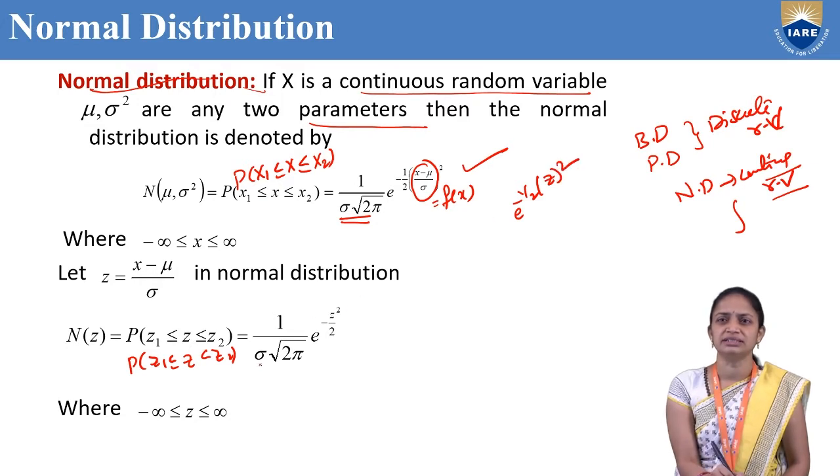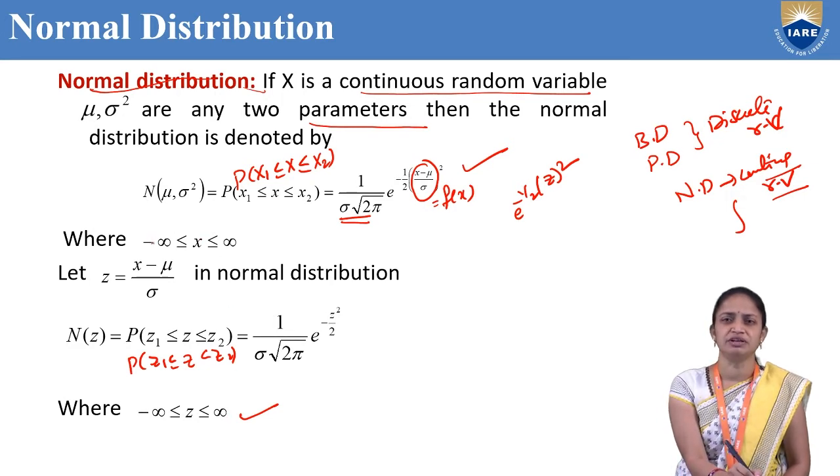That means 1 by root 2 pi e power minus z square by 2, where minus infinity less than or equal to z less than or equal to infinity. So z lies between minus infinity and infinity, like x also lies between minus infinity and infinity.